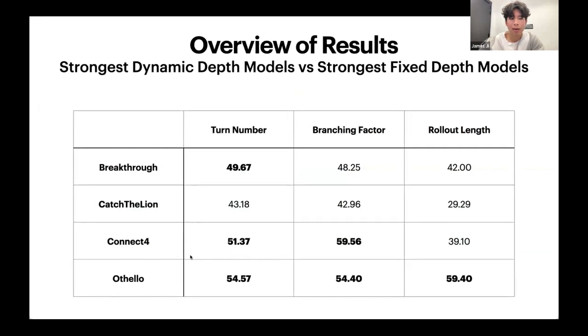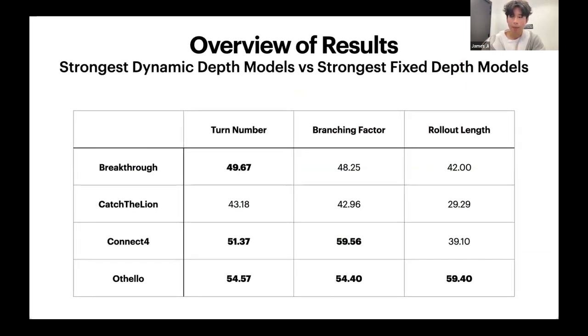And you can see that in some games like Connect 4 and Othello, we achieve quite strong results when we adjust the minimax depth dynamically. Whereas in some games like Catch the Lion, our heuristics might be a bit too crude, so we do not achieve as strong results against the strongest fixed depth model.